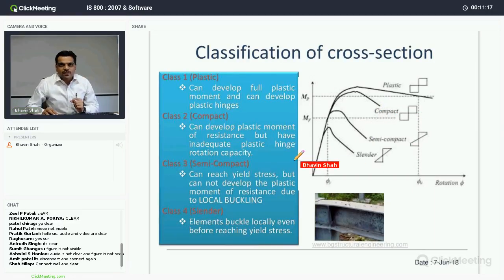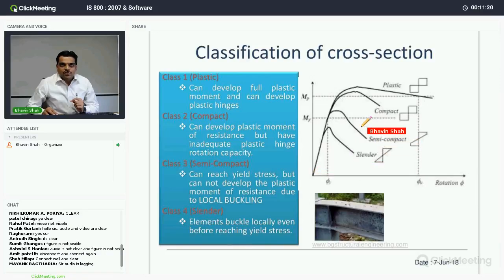The semi-compact section can reach up to the yield stress, but cannot develop the full plastic moment because of the possibility of local buckling. This figure shows an example of local buckling. And slender sections cannot even reach the yield stress, because they will buckle because of the slenderness. So these are the 4 classifications of sections introduced in the code.